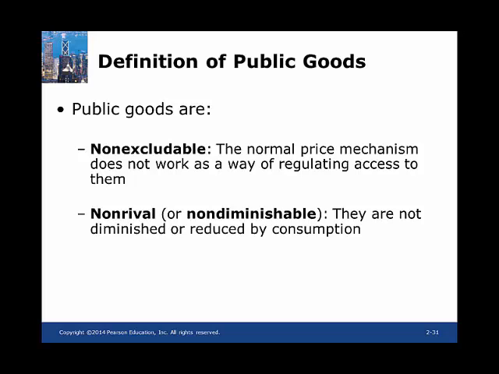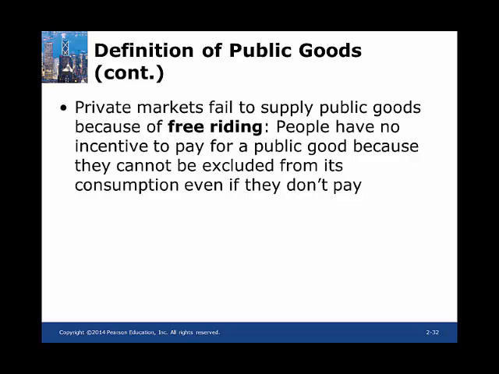Because of non-excludability and non-rivalry in consumption, this creates the problem of free riding. Private markets fail to supply public goods because of free riding. People have no incentive to pay for a public good because they cannot be excluded from its consumption even if they don't pay.